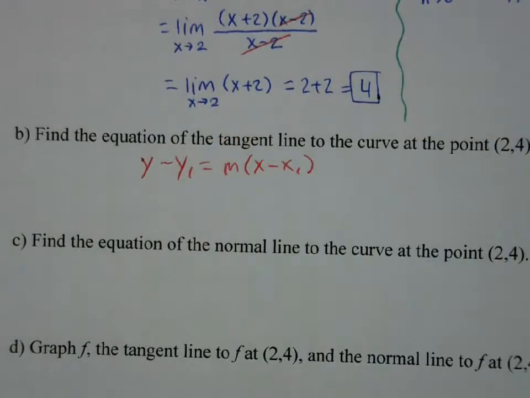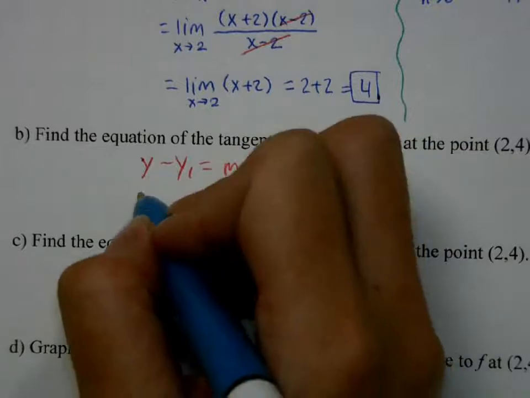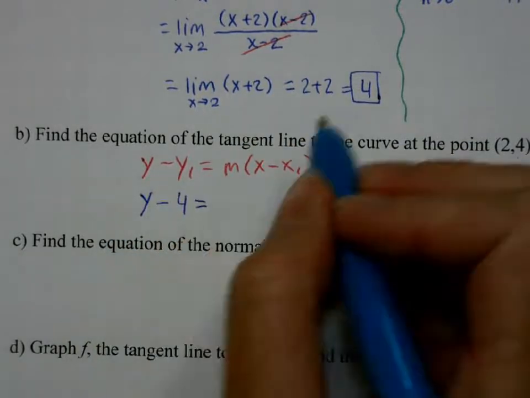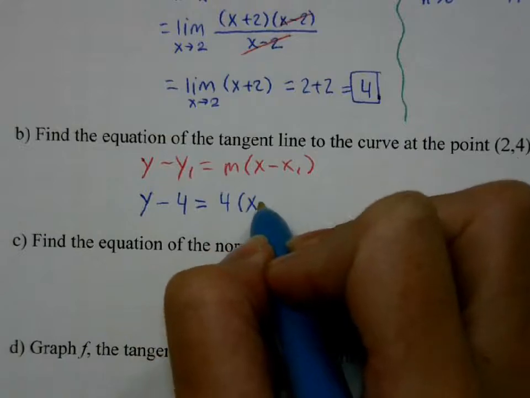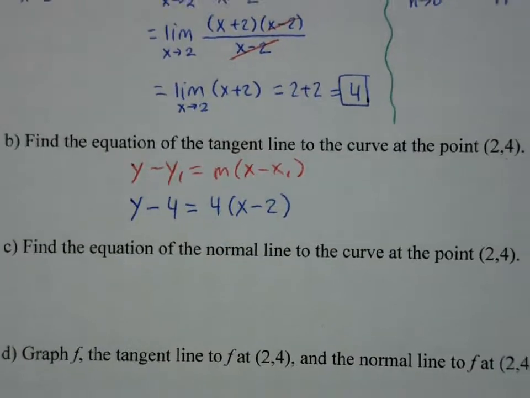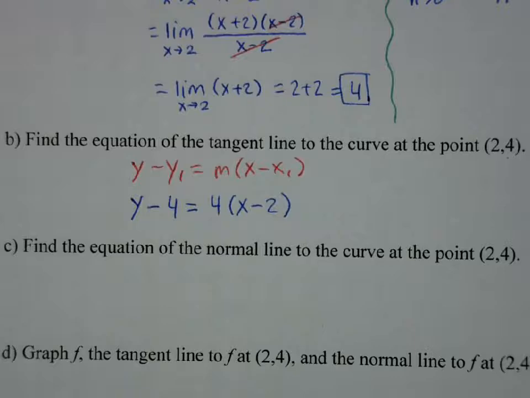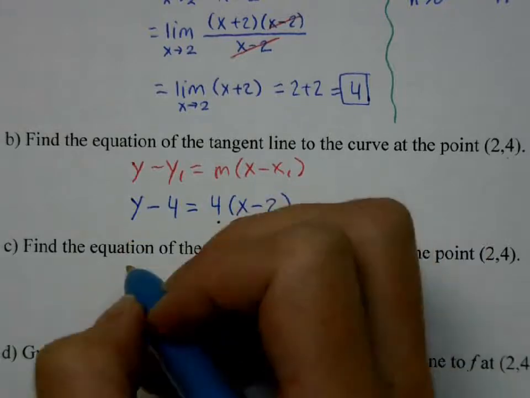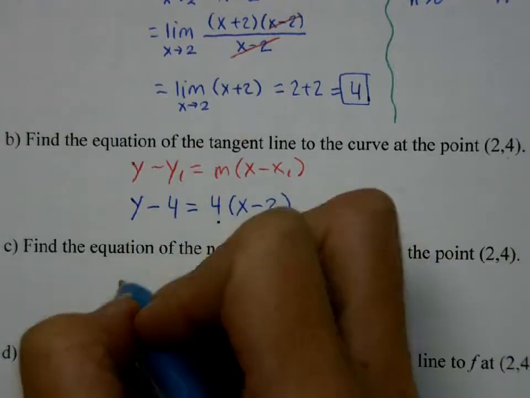So y minus our y value 4 equals our slope 4 times (x minus 2), and we are just going to leave it like that. The normal line is the perpendicular line. Okay, so the only thing that's going to change is the slope. Okay, the slope perpendicular to 4 is negative 1/4.